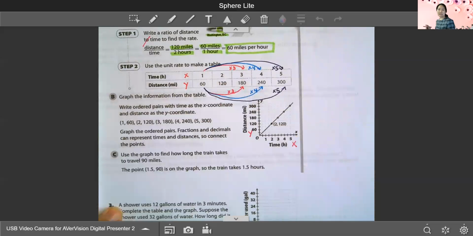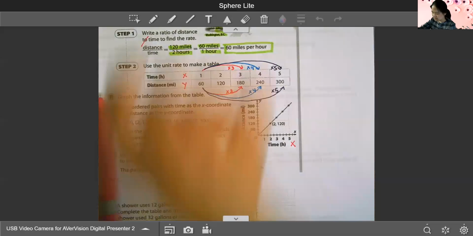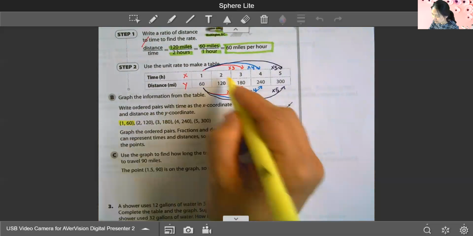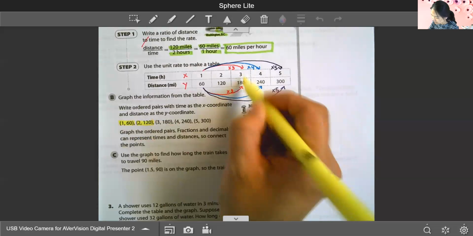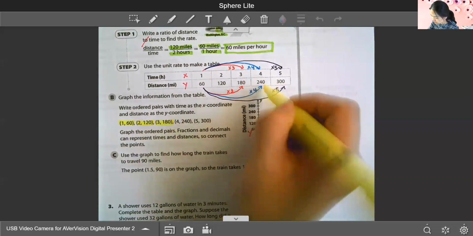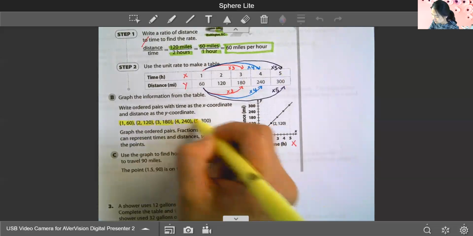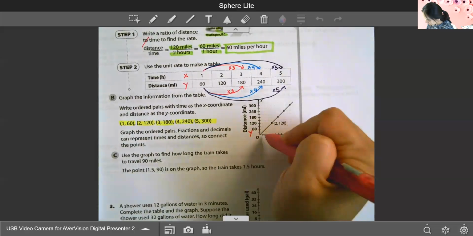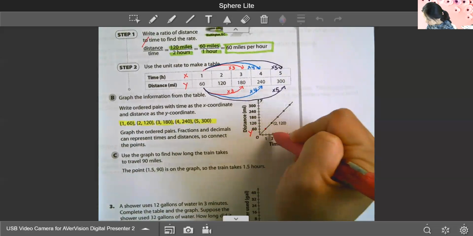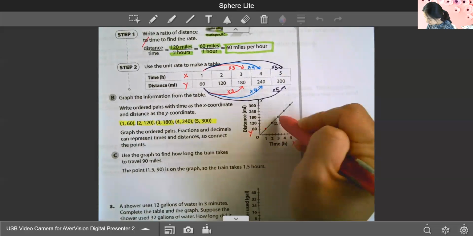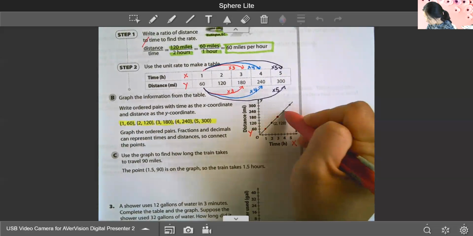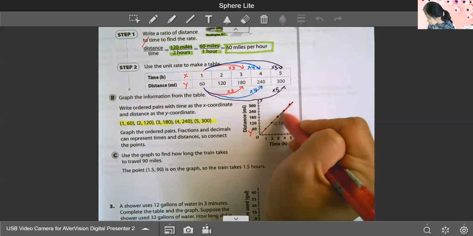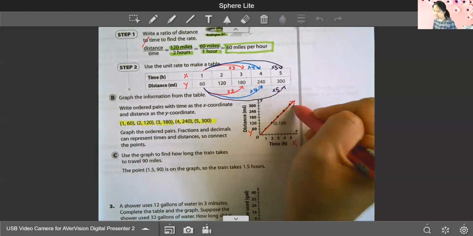So then first writing those ordered pairs, 1, 60, that's right here, 2, 120, 3, 180, 4, 240, and 5, 300. And then they graph them. Look, 1, 60, 2, 120, 3, 180, 4, 240, and 5, 300. And then connect those lines. Okay.